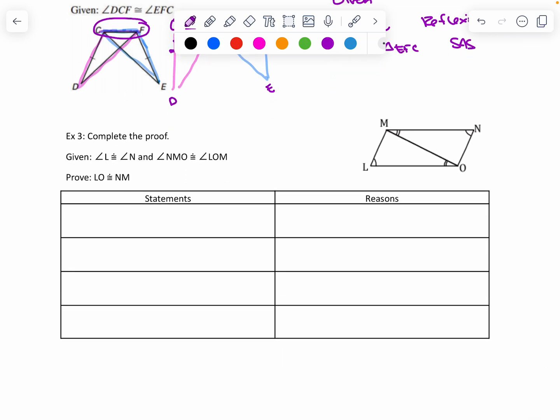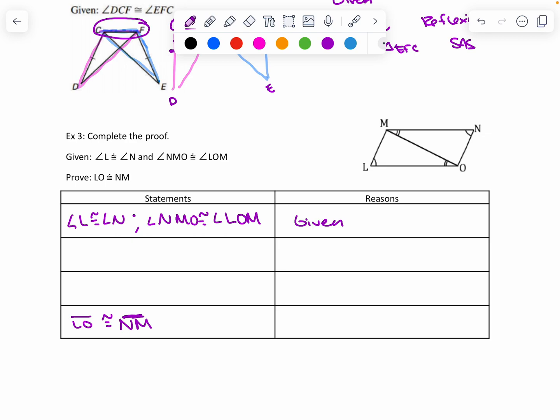This is where we're going to use that corresponding parts theorem. We already know the given information and we know the proof, so we can go ahead and fill that info out. And if I'm looking at this, I can see that I'm proving sides congruent.